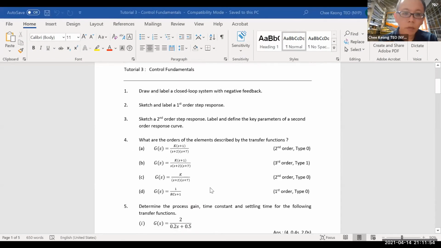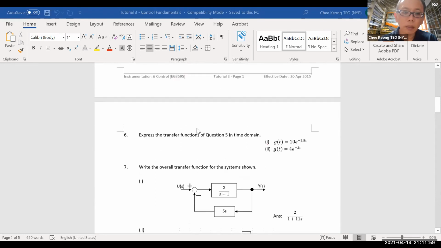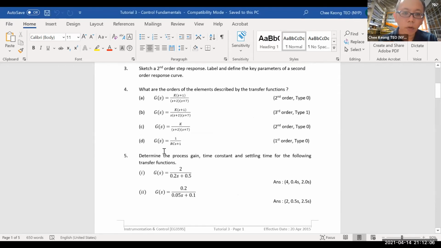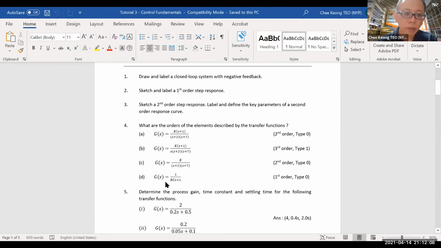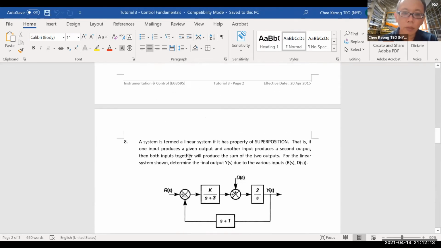Basically, if we look at the tutorial questions right now, let me share again. Question 4 and 5, and then 6 here. Sorry, not 4, 5, 6: 4, 5, and 8. So this week we are talking about 4, 5, and 8. 8 is this one here. It's the superposition theorem which we just learned.